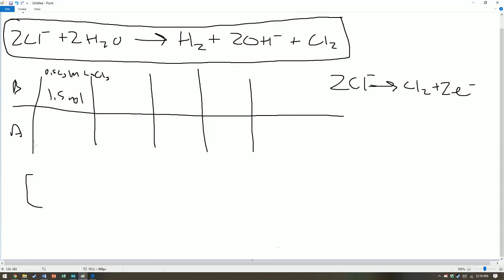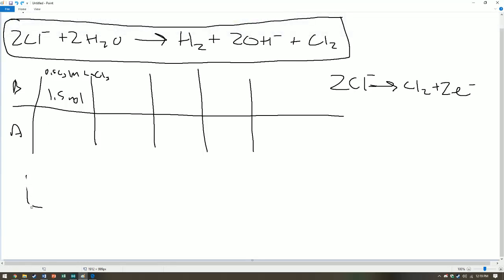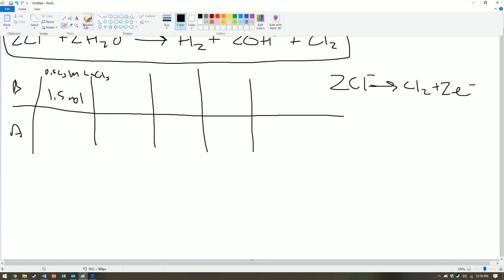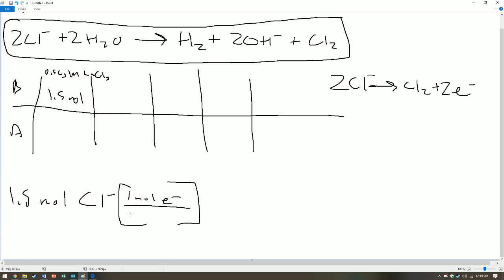So at a current of 1 amp, how long would it take? When I do dimensional analysis, the first thing I want to do is consider the thing that is not a conversion factor. We know that we produce 2 moles of electrons for every 2 moles of chloride ions, so that's good. So 1.5 mole Cl minus, and according to our reaction, we yield 1 mole electrons for every mole Cl minus.